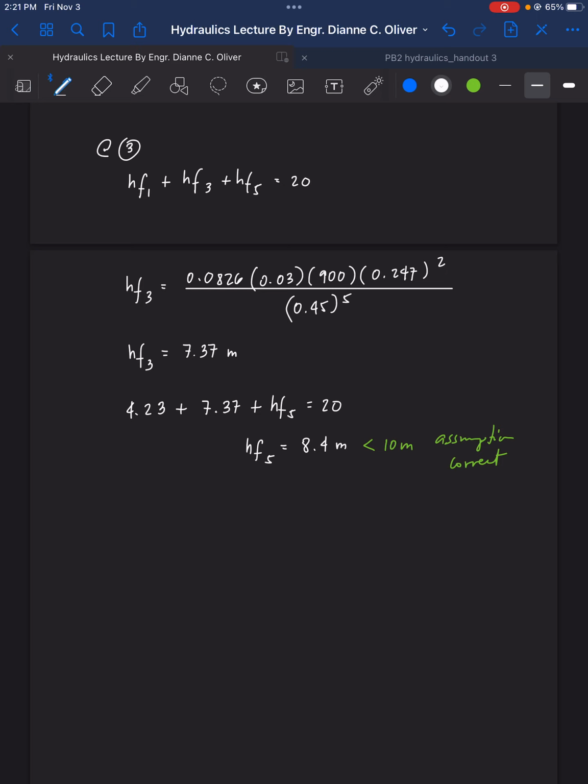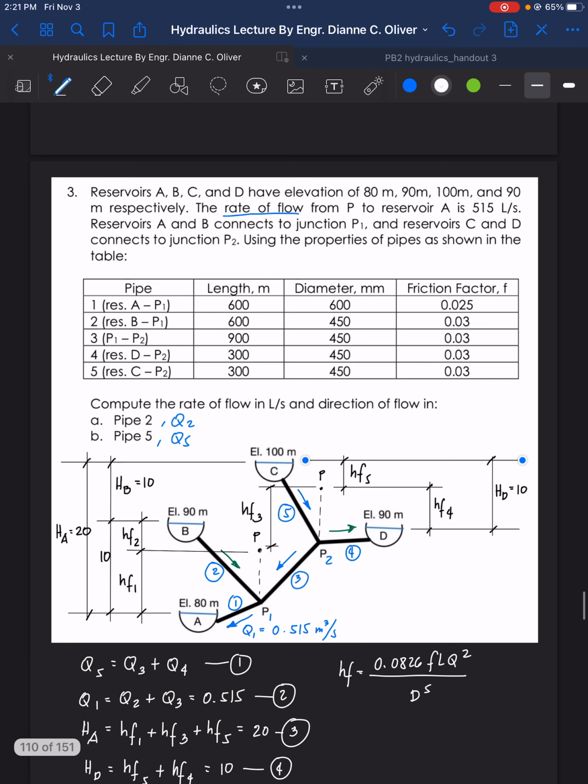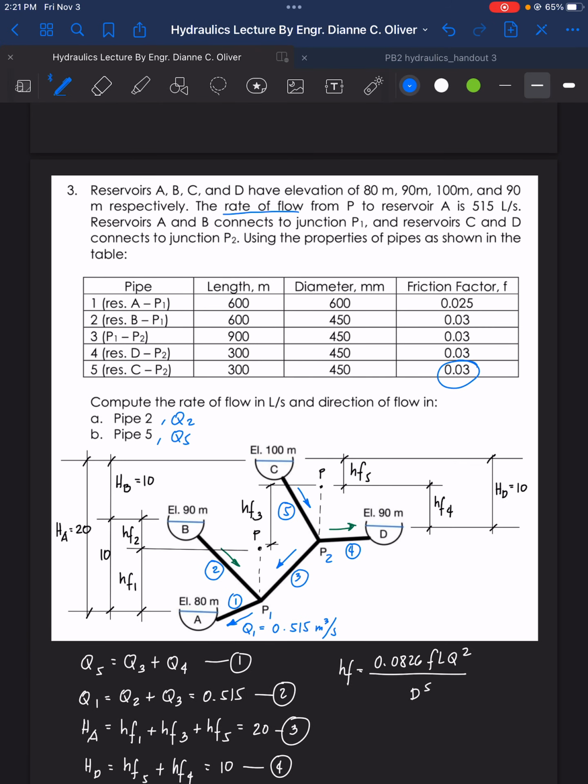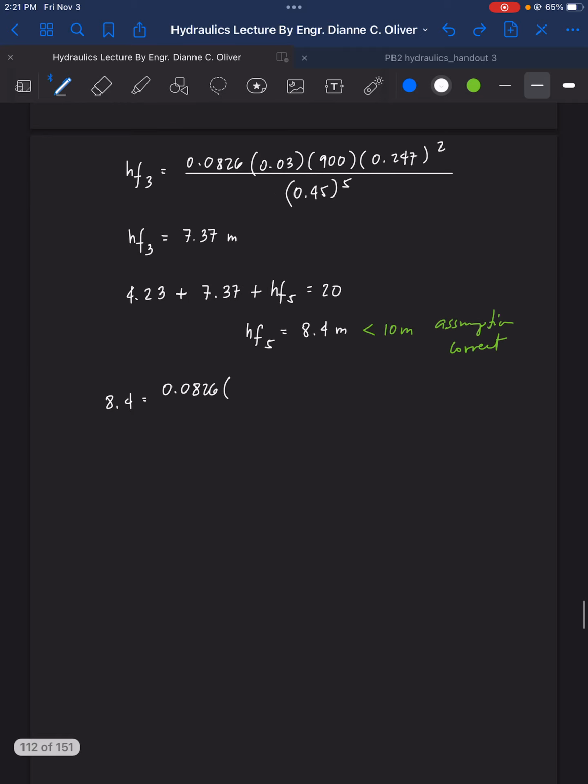So we now use 8.4 for HF5, that is equal to 0.0826. What is the F for pipe number 5? 0.03, diameter 450, length of 300. So 0.03, the length of 300, Q5 squared, and diameter of 0.45 raised to 5.